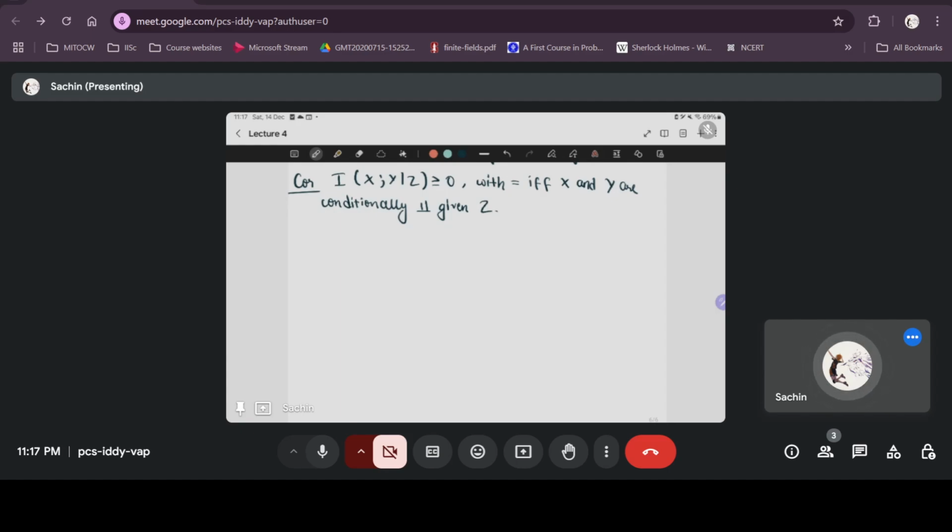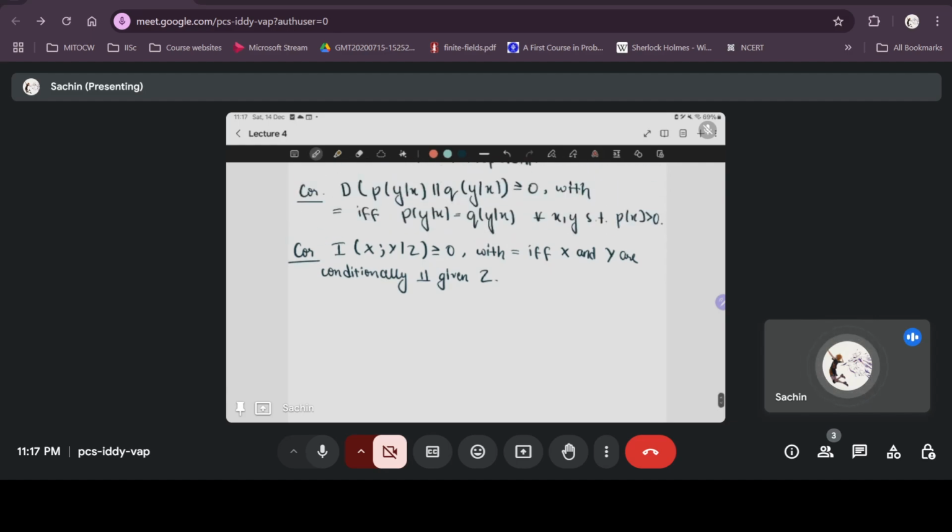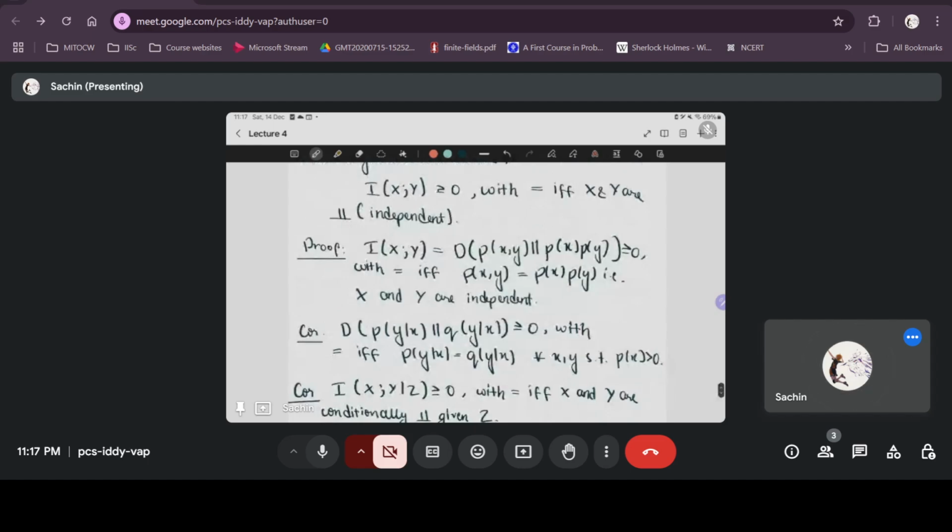But the smaller points, the subtle points. So, for example, this previous example, the conditional entropy with P of x greater than 0. This condition is not there for normal relative entropy. For normal relative entropy, you just need P of x equal to Q of x for all x. That's all.